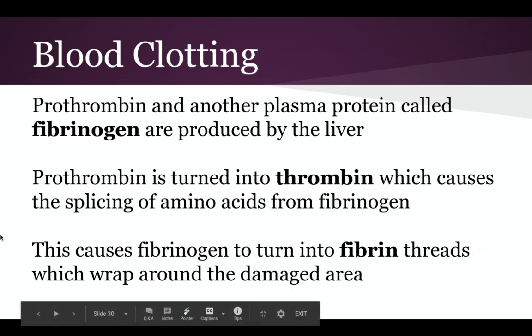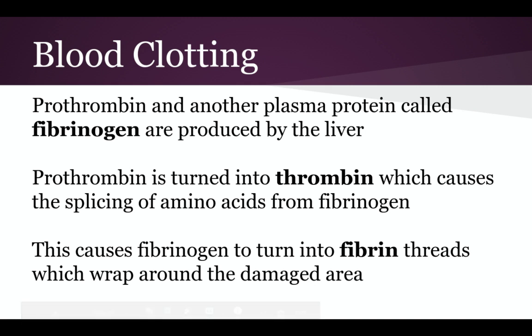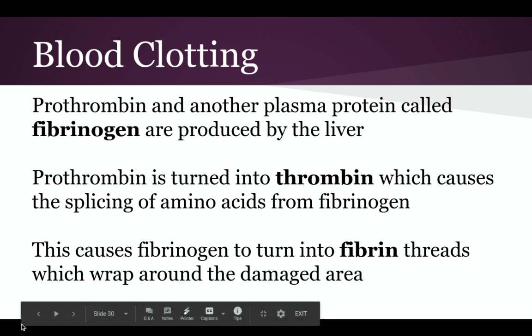The prothrombin and another plasma protein called fibrinogen are produced by the liver. This prothrombin is then turned into thrombin, which causes the splicing of amino acids from the fibrinogen. This causes the fibrinogen to turn into fibrin, which are threads that wrap around the damaged area.